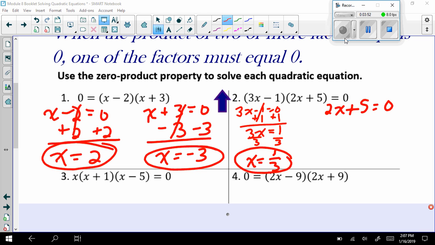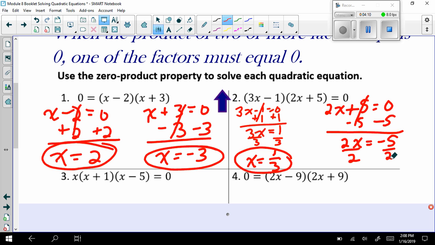To solve my second equation, I've got 2x plus 5 equals 0, a two-step equation. First I take care of my addition and subtraction, so subtracting 5 from both sides, and then dividing by 2. And again, it's a fraction, and I'm just going to leave it as a fraction.